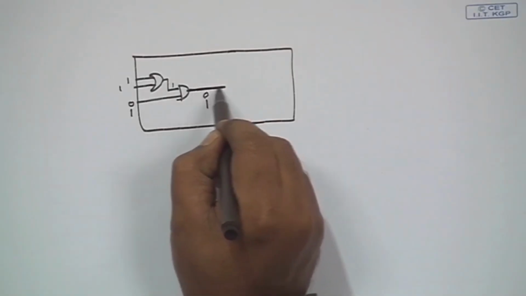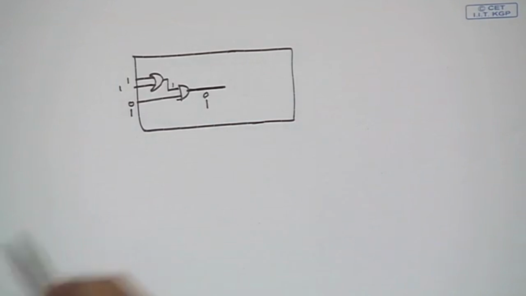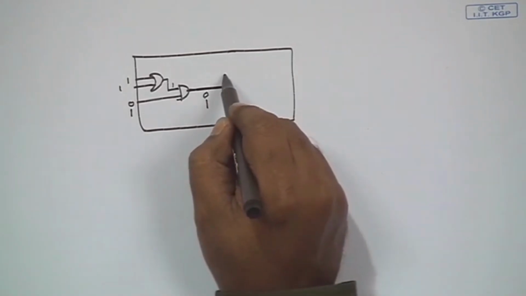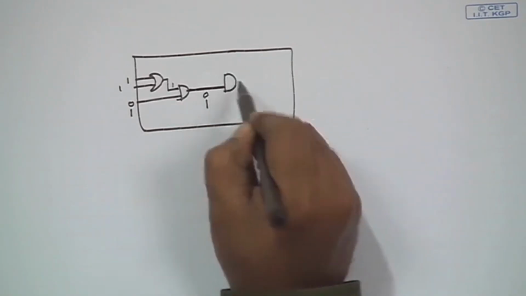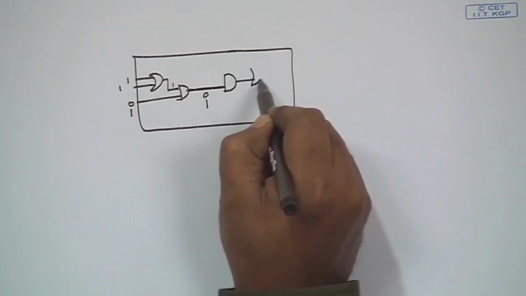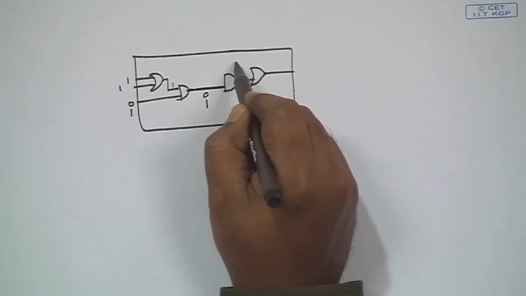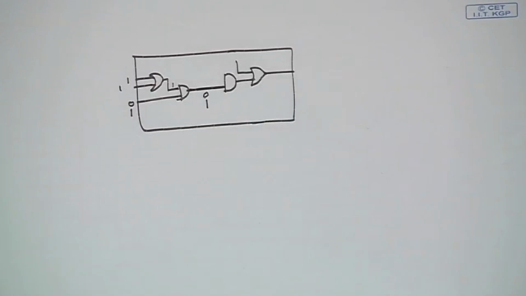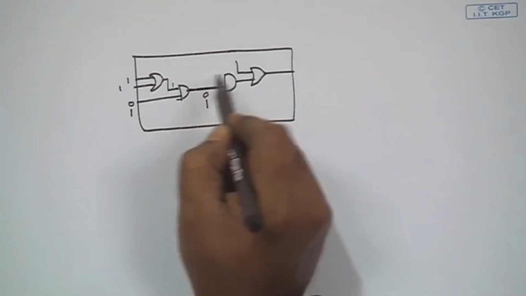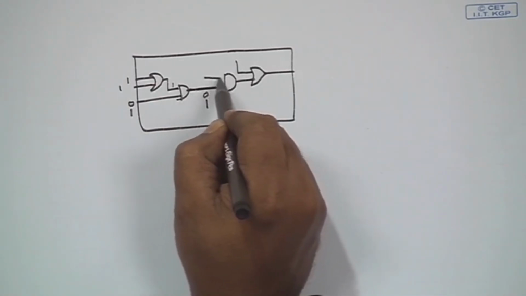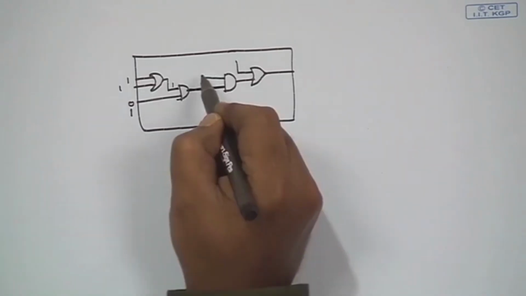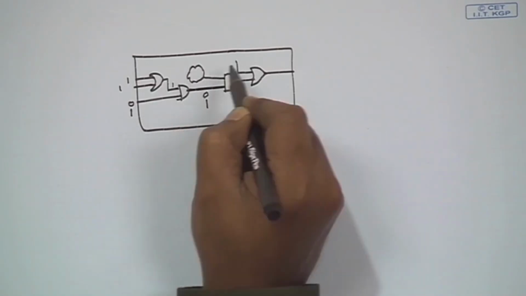Similarly, if I want to observe the value that we have in this line, and it goes through some gates, like there is one AND gate here and one OR gate here. This AND gate can have some input from some other place, so there is some logic here which feeds this AND gate.